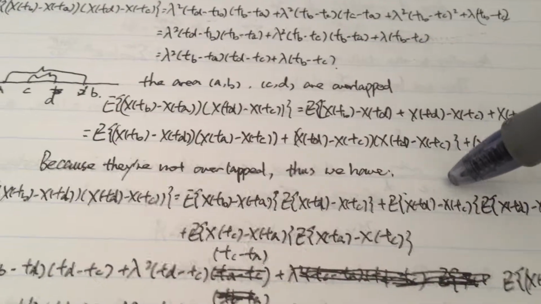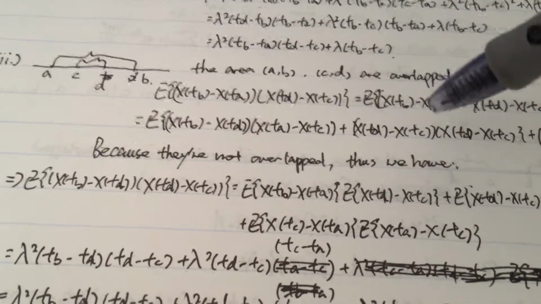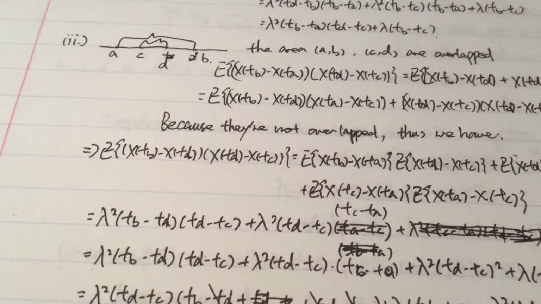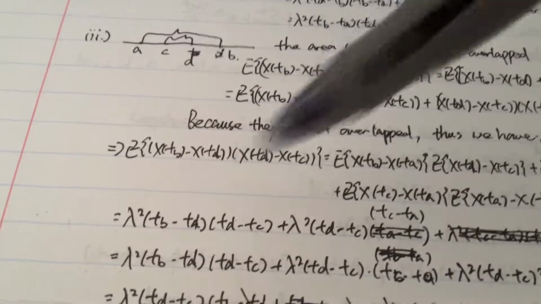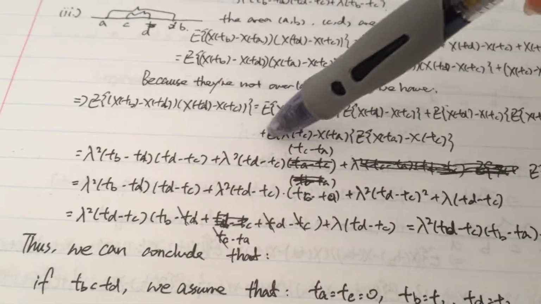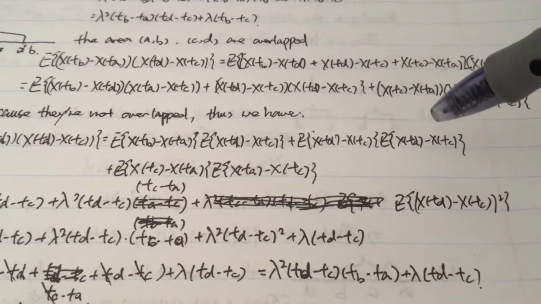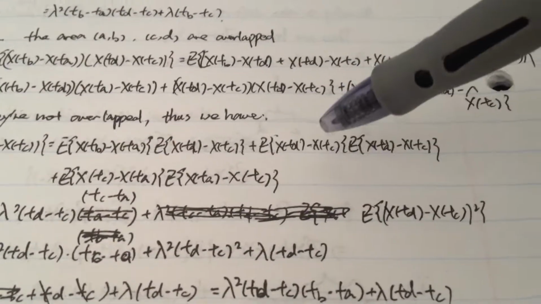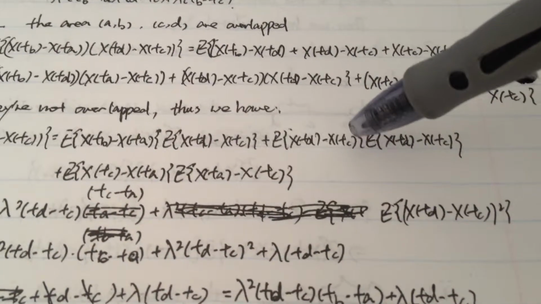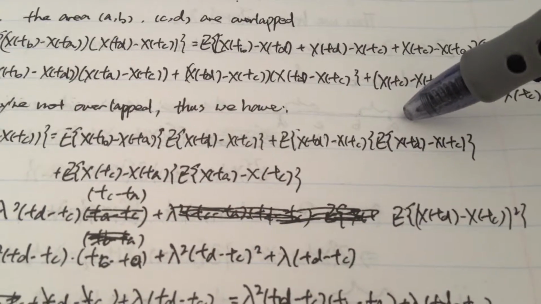Because they are not overlapped, we got the mean of this part equals this one, and here is also the mean of TD minus TC squared.